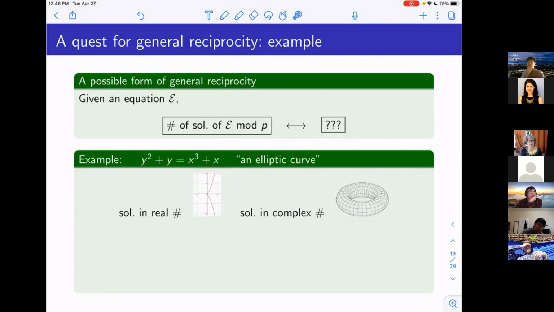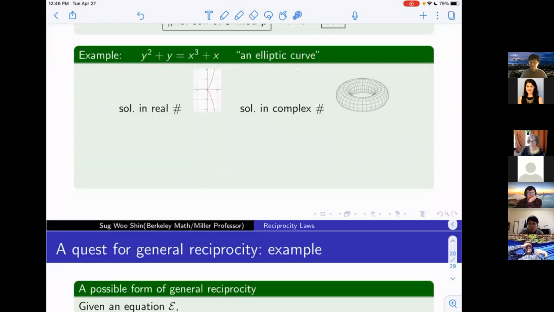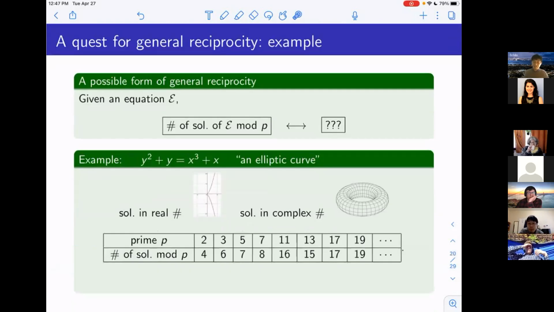But again, we are trying to understand the solutions modulo primes, integer solutions modulo prime. So it's quite different. But the main advantage is that instead of drawing pictures, you can actually count the number of solutions. What does that mean? Well, modulo 2, here's a table, modulo the prime 2.